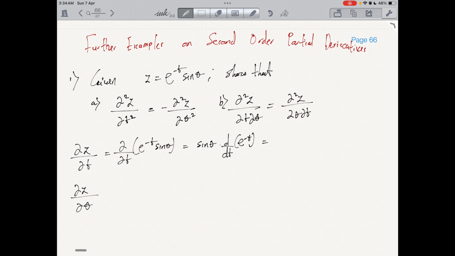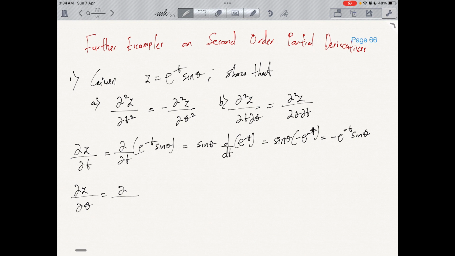Differentiating this, we have sine theta of minus exponential minus t, according to our rule of differentiation of exponential, and we have minus exponential minus t sine theta.